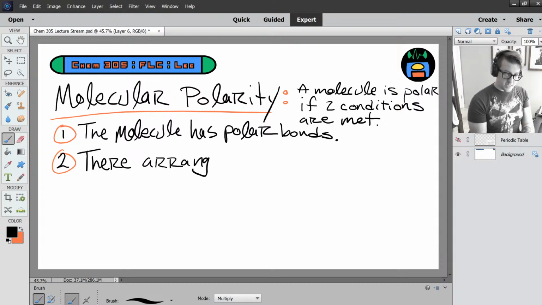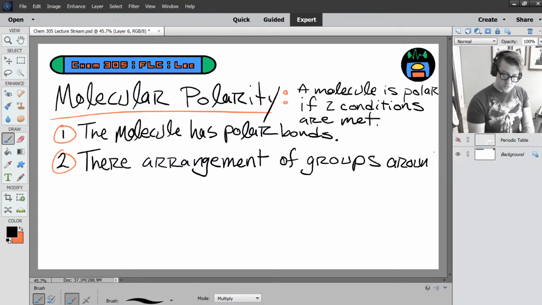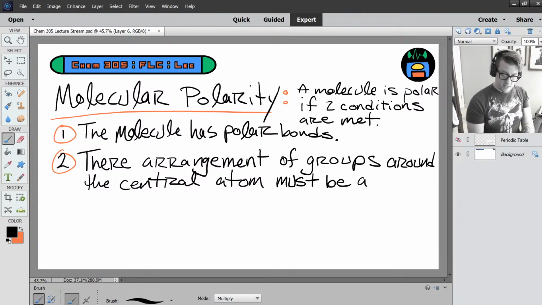The arrangement of groups around the central atom must be asymmetric. We'll talk about what that means in a second.